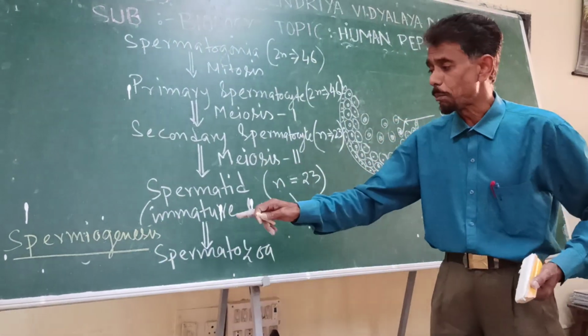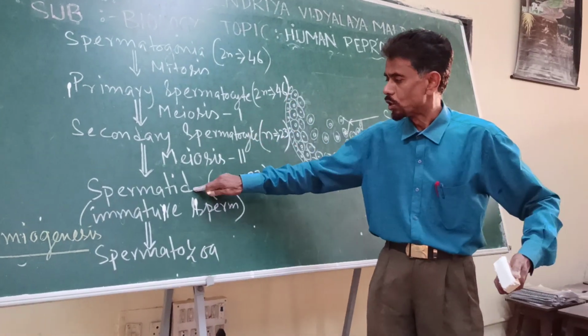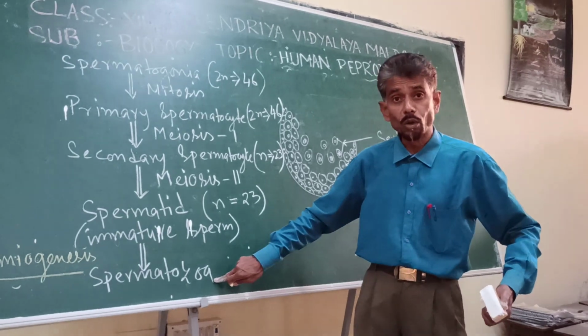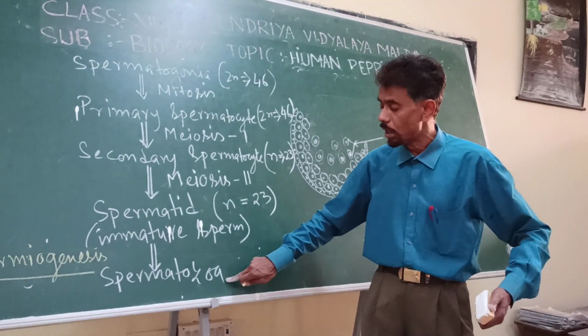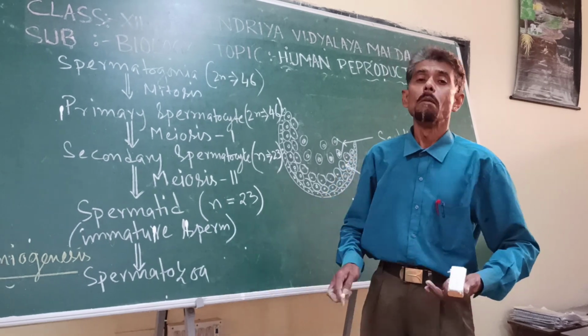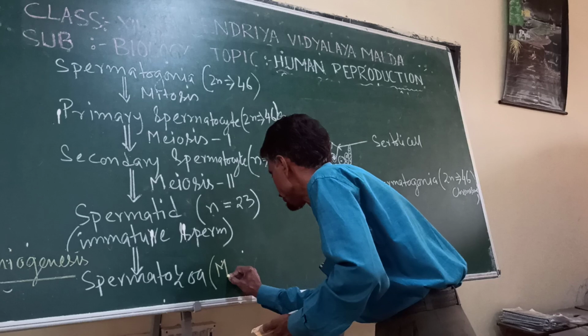So what is spermiogenesis? It is a process by means of which the spermatid or immature sperm gets converted into a mature sperm, otherwise called spermatozoa. Spermatozoa is nothing but a mature sperm.